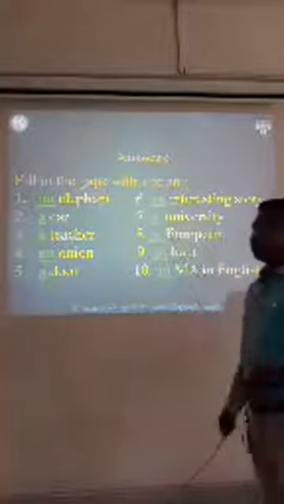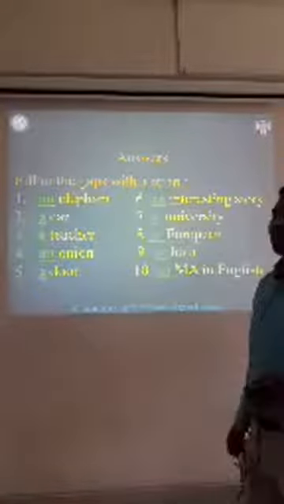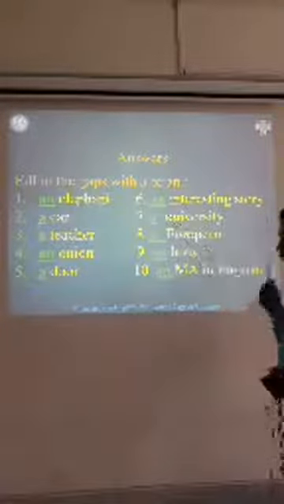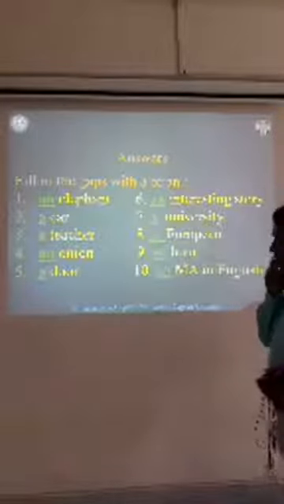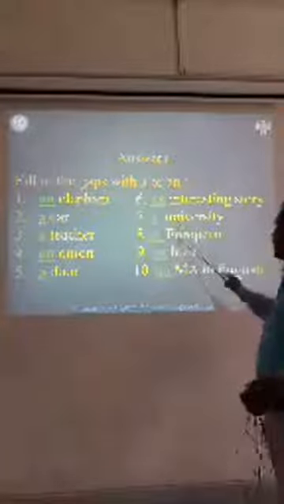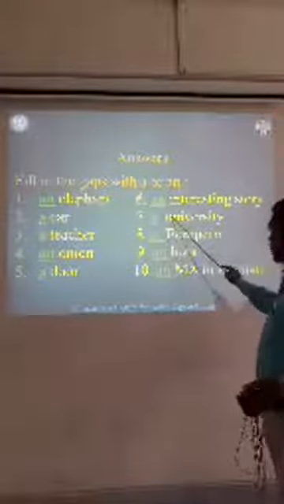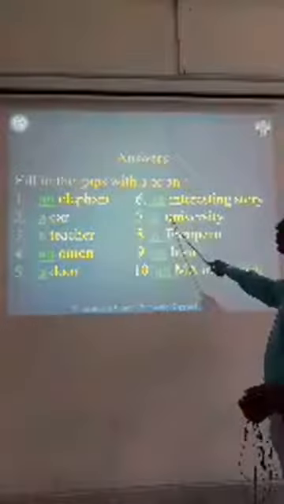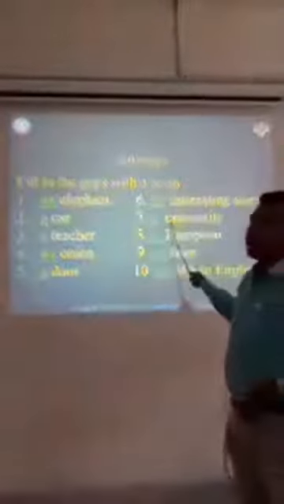Wa. This pronunciation is a consonant pronunciation. For this reason, you can see there is U, but it is pronounced like a consonant.